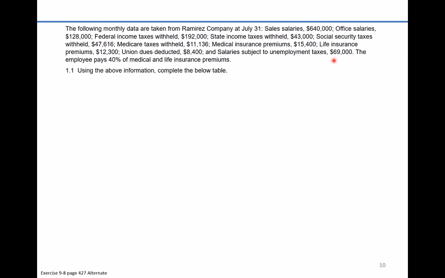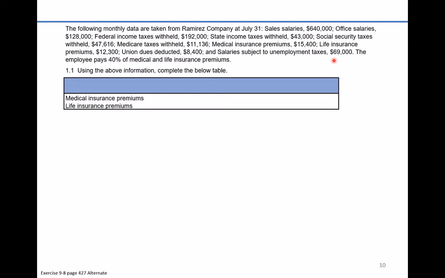So let's first use the information above to complete this table here. And this table is going to give us the breakdown for the medical insurance premiums and the life insurance premiums on what portion of this premium is going to be paid by the employer and what portion will be paid by the employee. So for medical, $15,400. Remember what portion employees are paying?